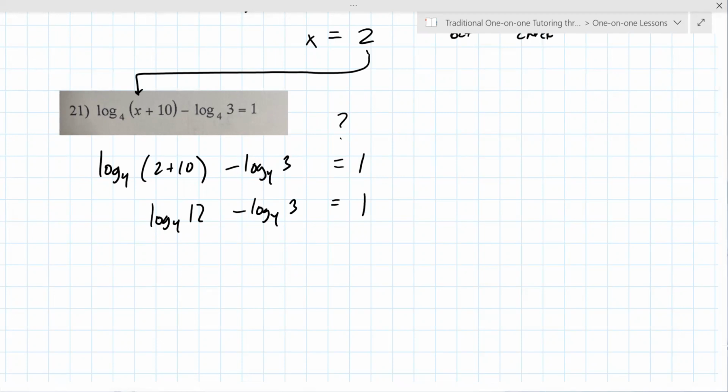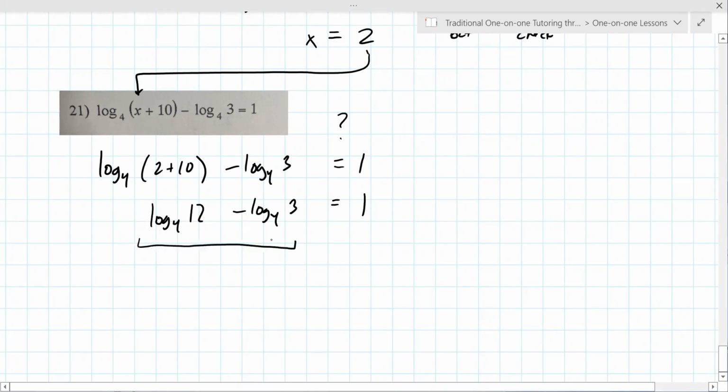Any idea how to do that from here? The logs of 4 cancel out, right? Well, if you combine them, you can condense this. How do you condense a difference? Difference is division. Yes. So it becomes log base 4 of 12 over 3.